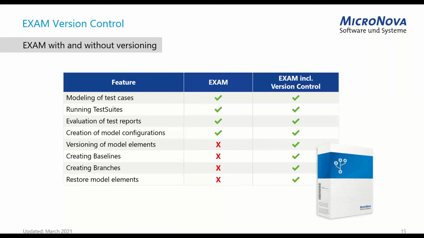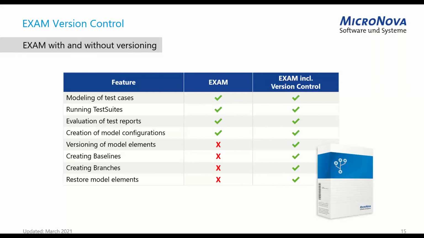And in the middle column, you can see those features that are part of the basic freeware version of EXAM. So starting again, or thinking back again to the three main perspectives I've shown you before in the introduction, there are features for designing the test cases, for running and executing the test suites, doing the evaluation of the test reports, and also managing the model configurations in order to load your model. So those are all features that are part of the freeware distribution of EXAM, of the core tool.